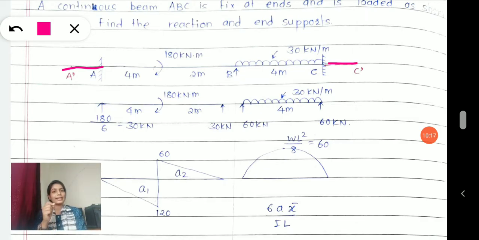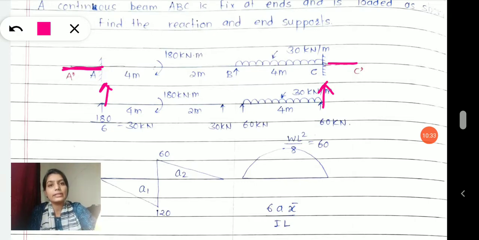Okay, so look at this. I want to calculate the fixed end moment at A and at C. But to calculate the fixed end moment at A, I have to take three consecutive supports.